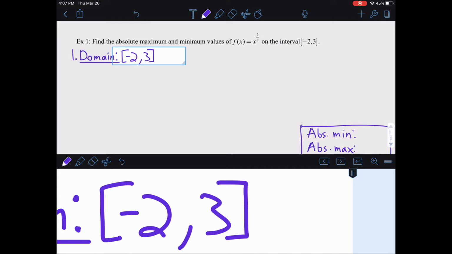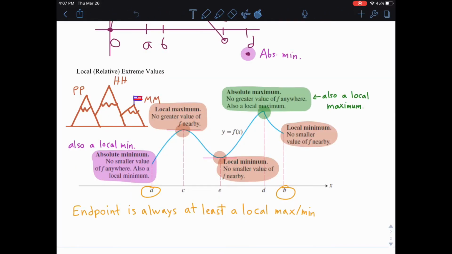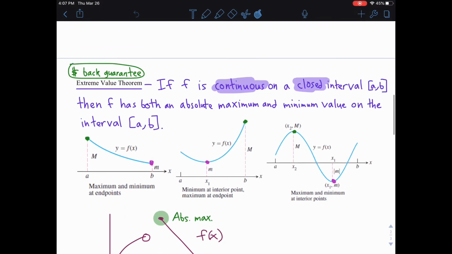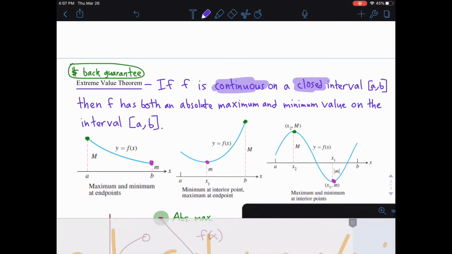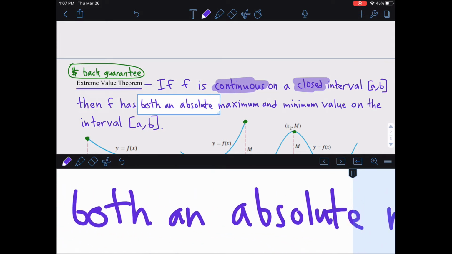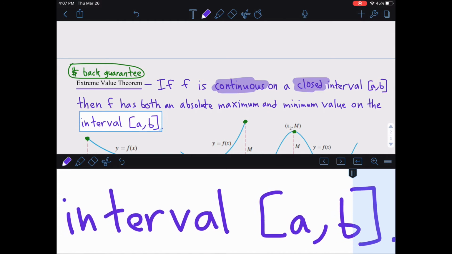Real quick, alarm bells should be going off in your head if we go back to section 4.1 day 1 notes from yesterday. We talked about the extreme value theorem, the money back guarantee. If f is continuous on a closed interval, a to b, then f has both an absolute max and minimum value on that interval.